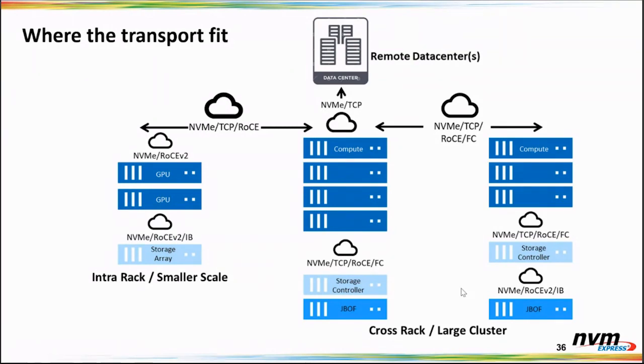And really, performance and cost are the real determining factors here for what transport to use and where. Because with varying amounts of effort and a few exceptions, you can make any of the transports work in most situations. But one of those exceptions is data center to data center. So for connections across the world, NVMe over TCP is probably the best choice.